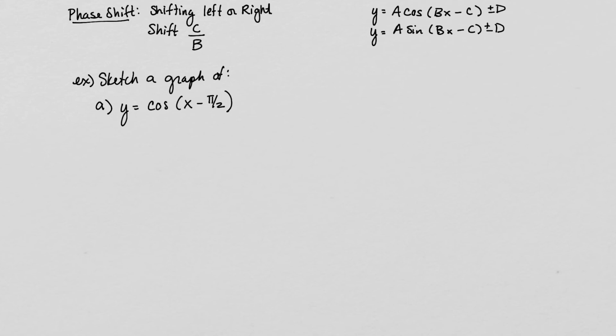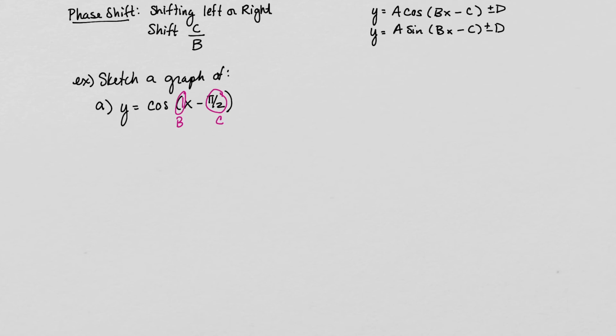Okay, so the only thing I have here in this problem is I don't have a different b to begin with. My b in this case is just a 1. It's a little weird, but if you think about it, there's a 1 in front of the x. So my b is a 1, and then I do have that subtraction sign, and this part that I'm subtracting off, that is my c.